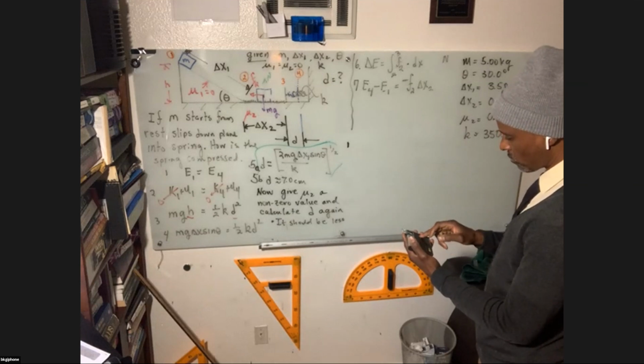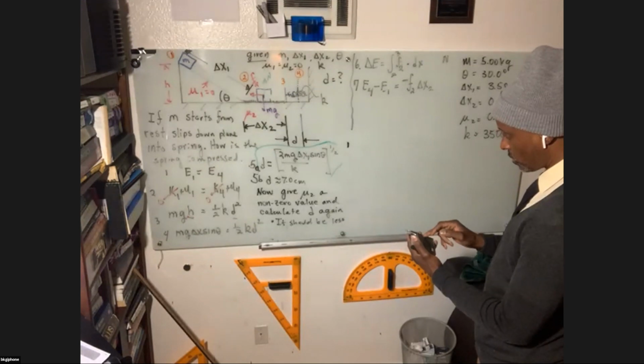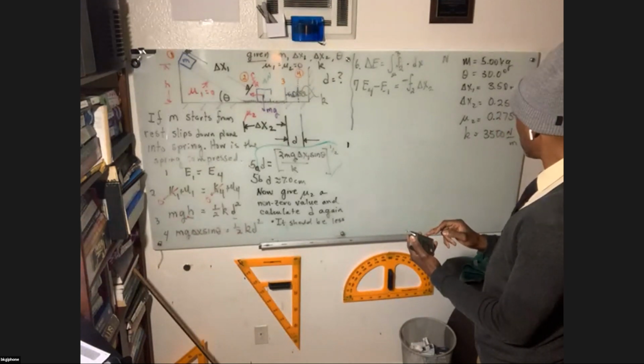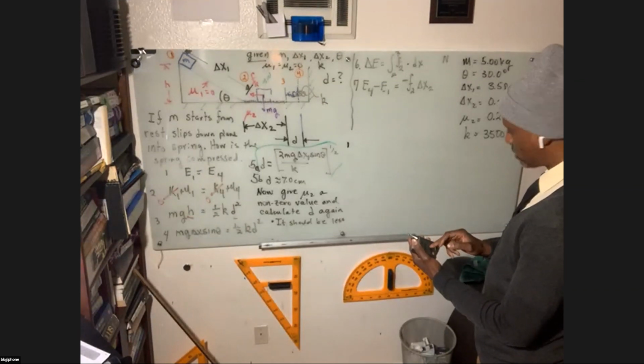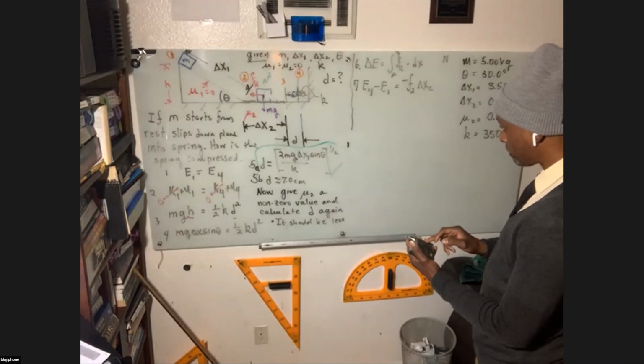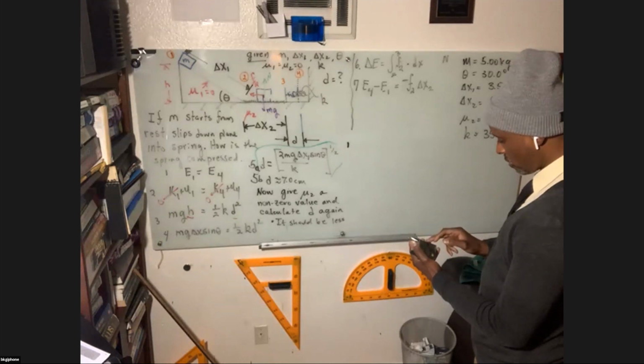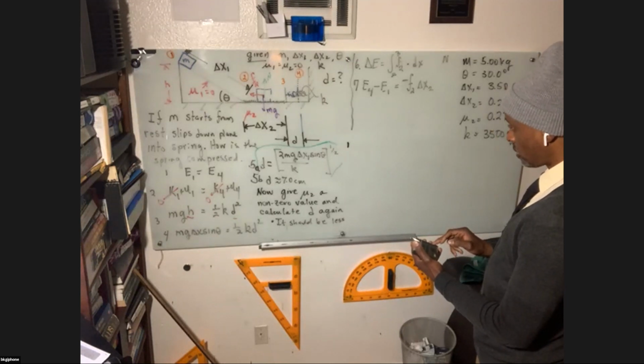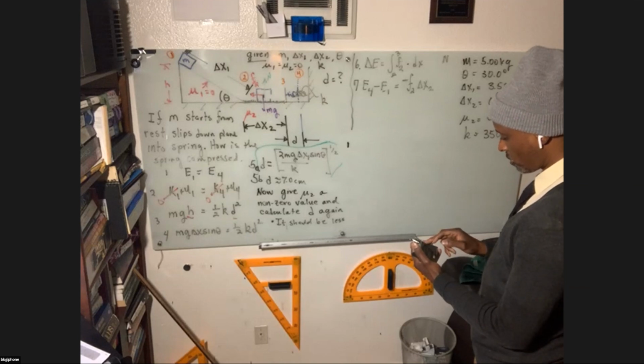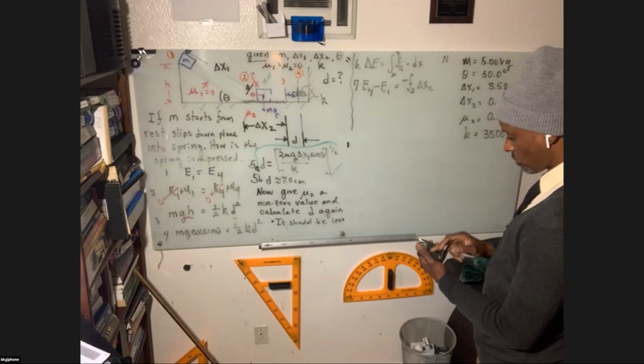So 2 enter 5 times 9.81 times 3.5 times sine 30, then divide by K, 3,500, and then take the square root.